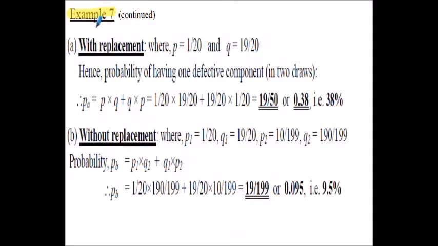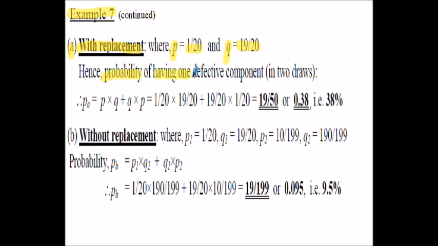Example 7 continued. Part A is with replacement. We're given from the question on the previous slide the probability P of having a defective component drawn is 1 upon 20. The probability Q of drawing a non-defective component, or a satisfactory component, is 19 upon 20.